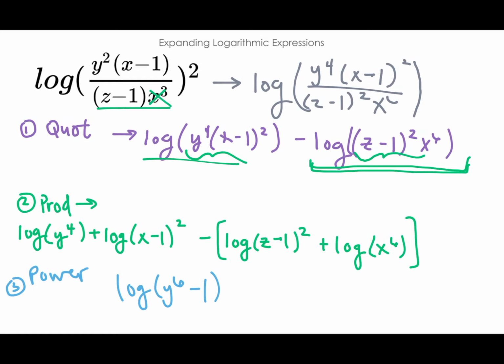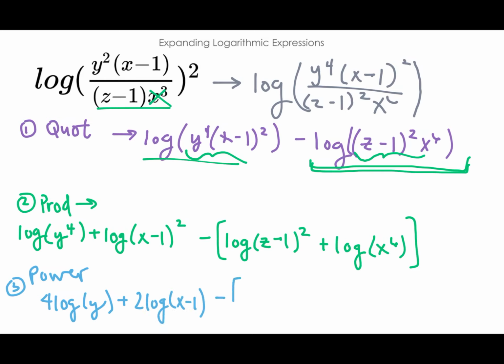It's just on the y. That's not something we have to deal with here, but I just did want to mention that. In this case, we can clearly see all of the exponents are on the entire expression, so we can go ahead and bring them down. We'll have 4 log of y plus 2 log of x minus 1.